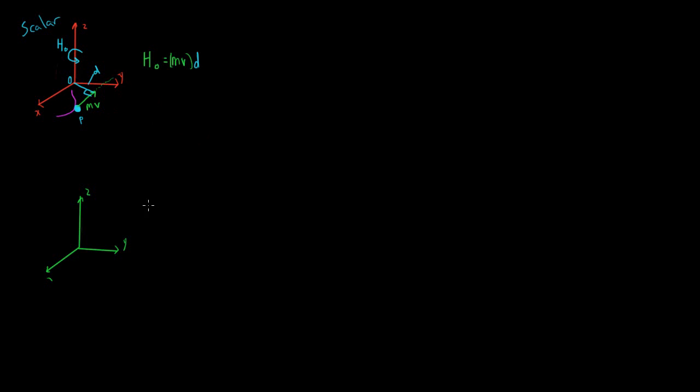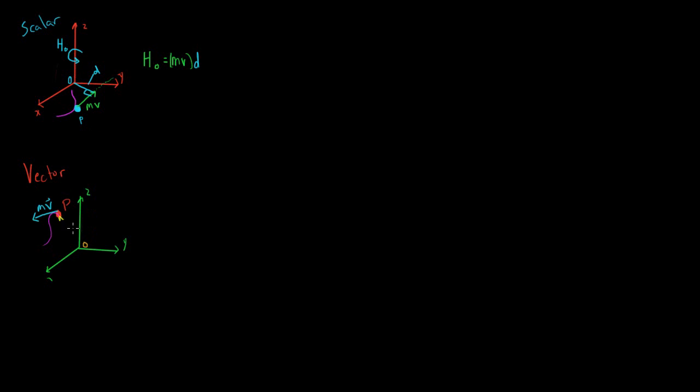Now, if we look at more of a vector formulation, if it's in 3D, so this will be vector. We have a particle P here, and it's just moving in space somewhere. It's along this path, and right now it has a mass times velocity moving this way. And here's point O again.